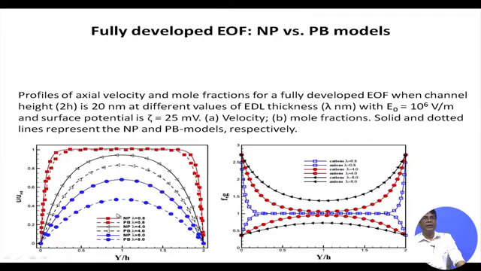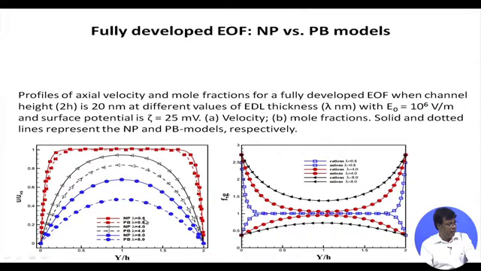Now I will show some profiles for the velocities in this slide. This is the modal fraction basically. What we defined before was C1, C2; if I divide by C0, that is basically the same F and G. Now see this velocity profile. Lambda is the Debye layer thickness, in nanometers.